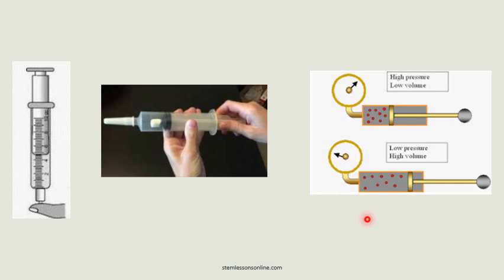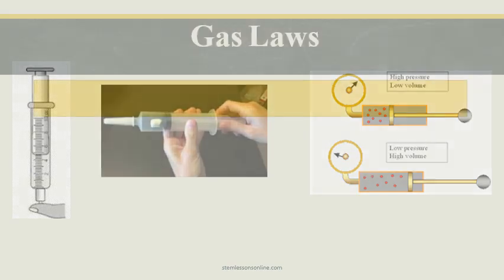So both are related inversely. When the pressure increases, volume decreases, and when the pressure decreases, by pulling the plunger out, the volume is increasing. So that is the relation between pressure and volume when the temperature is constant and the number of moles also remains constant.